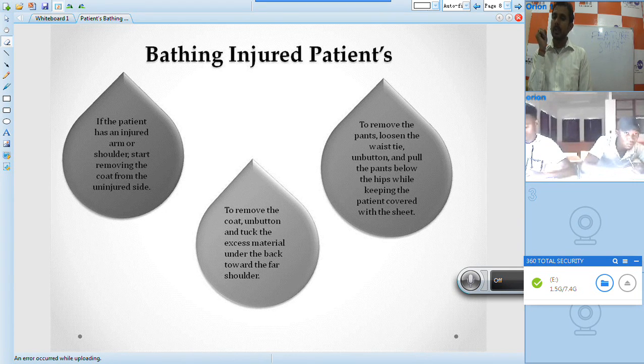To remove the coat, unbutton the strap. Tuck the excess material under the back towards the far shoulder. To remove the clothes, undo the wrist tie, keeping the patient covered with the sheets. This is a similar process, with mild differences from the normal patient, that you need to follow to give a bath to the injured patient.